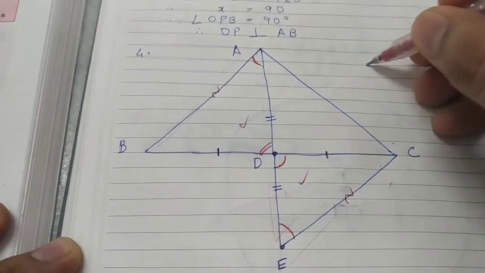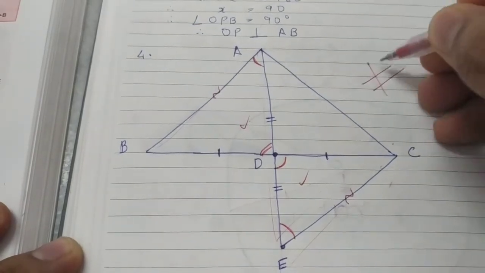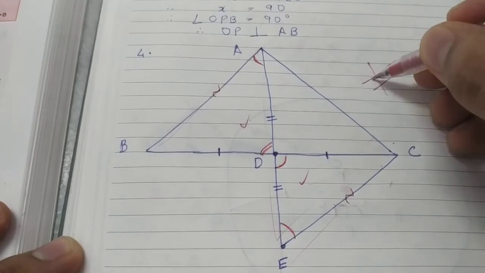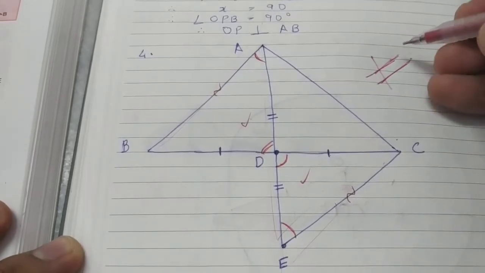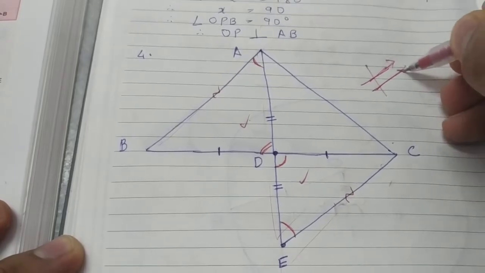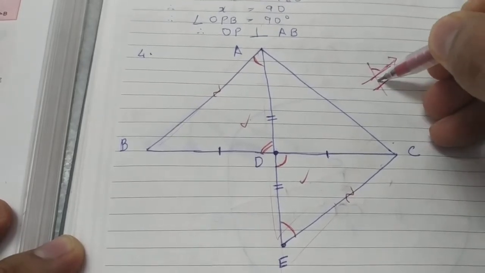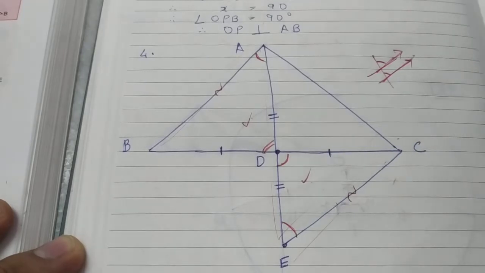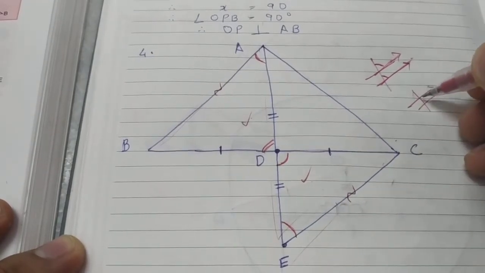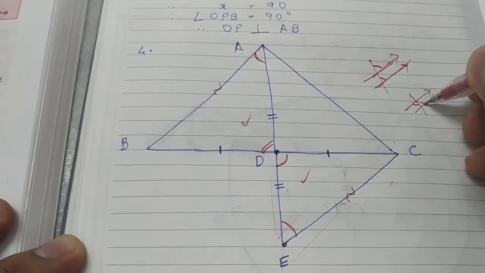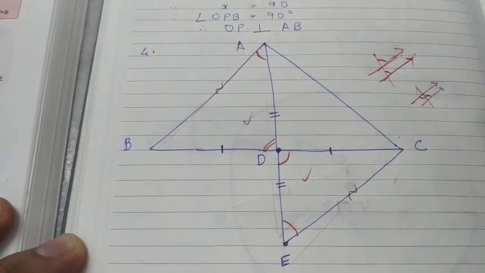You see, if these two lines are parallel, then we have a few equal angles here. If they are parallel, I can say that this angle is equal to this angle, corresponding angles. I can say that this angle is equal to this angle, alternate angles.